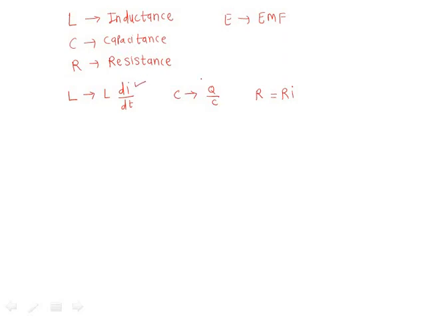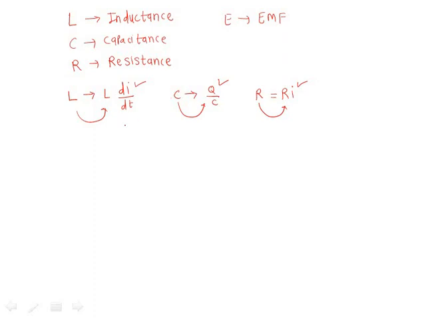So these three things we have to remember. For inductance L, L di by dt. For capacitance C, we will use Q by C. And for resistance R, we will use Ri to prepare the differential equation of the given electrical circuit.